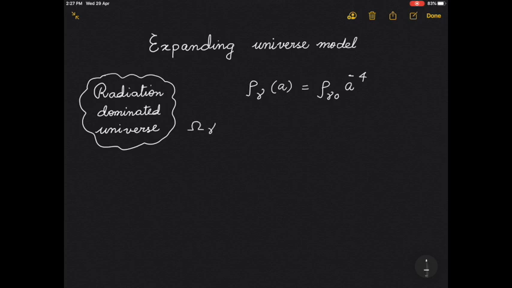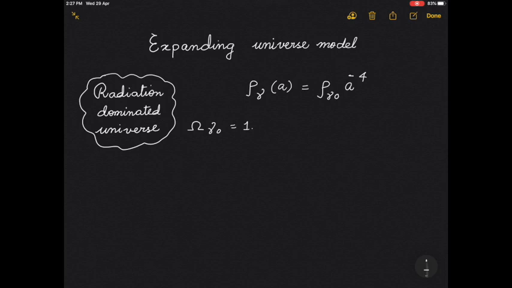So this essentially means that omega gamma, say for the present time, is 1. So there is only radiation; the entire omega is in omega gamma. So what happens for such a universe?